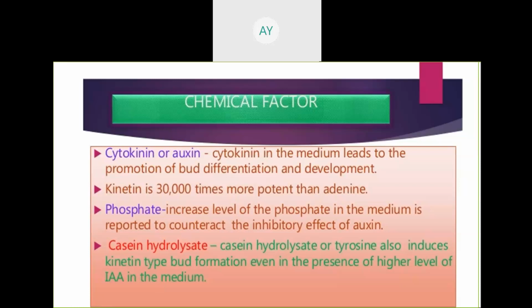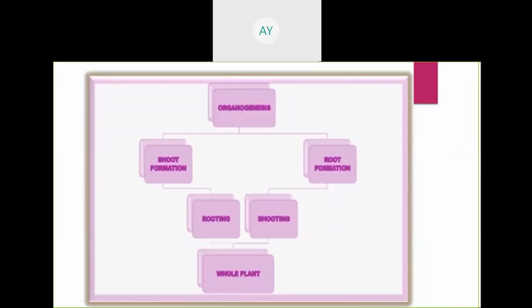So cytokinin for shoot, high concentration, and auxin for root formation, high concentration, but equal amount will be responsible for callus development. So these are the organogenesis. You know, shoot formation, root formation mean development of a particular organ as per the changing of the media. If you do not change the hormone concentration, there is no demarcation whether it is the root or a stem. It will remain as callus.